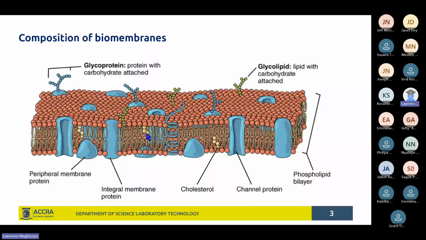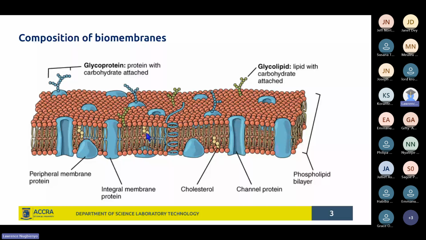All of these structures which we looked at in the last lecture were due to the amphipathic nature of the lipids, having a hydrophilic head and a hydrophobic tail, so that you can have these lipids form a bilayer.